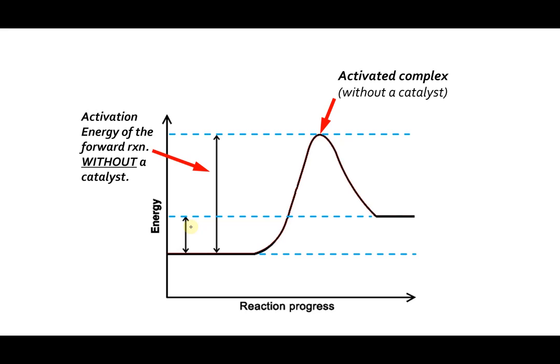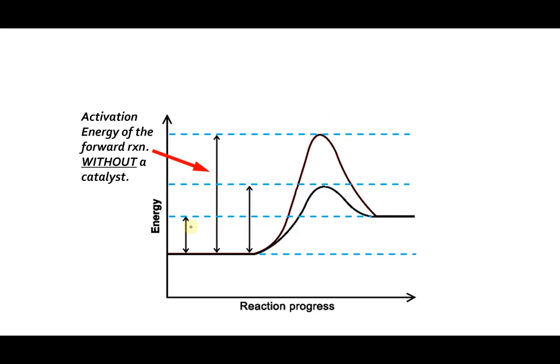It's an activated complex. The activation energy of what we're calling here the forward reaction from left to right, without a catalyst, means we have to go all the way to the top of that rather high peak. And so that would be a non-catalyzed or uncatalyzed pathway from reactants up through the peak activated complex and then down to products on the right.